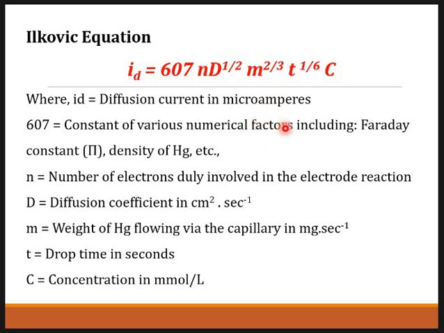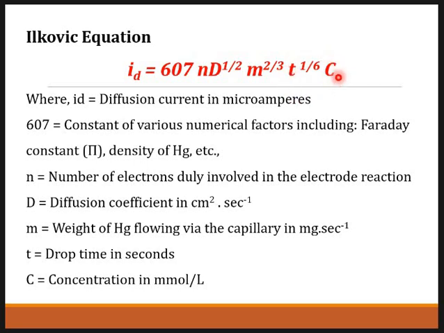This constant is a combination of various numerical factors including the Faradaic current and density of mercury, etc. And n is the number of electrons involved in the electrode reaction, and capital D is the diffusion coefficient of the solute. m is the weight of the mercury flowing through the capillary, and t is the drop time in seconds. And C is the concentration of the reducible species.